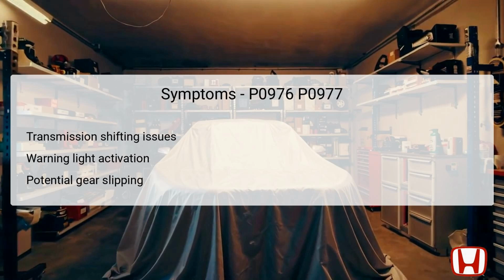The transmission warning light on the dashboard could also activate, alerting the driver of potential issues. In some cases, the vehicle may experience unexpected gear slipping or delay in shifting, further affecting overall driving performance. Understanding these symptoms helps the technician in diagnosing underlying issues and addressing them promptly to avoid further transmission complications.